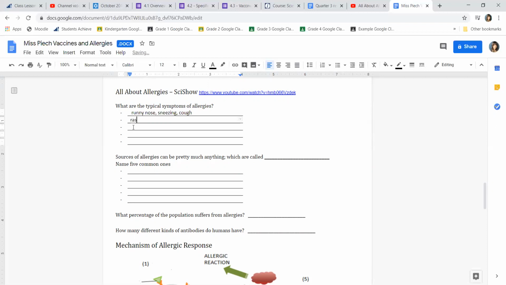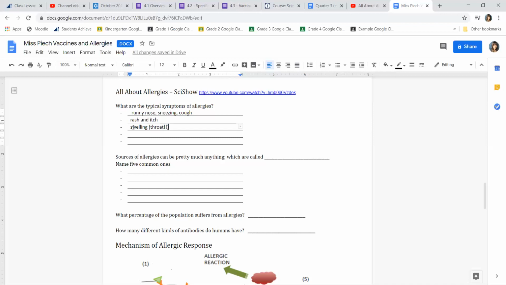Could also be a rash and an itch. Think about if you touch a plant that you're allergic to, think of poison ivy, where you get really itchy where you came into contact with that, and you might even get a rash all over. You could also get swelling. And this is where it can get really dangerous, because if your throat swells, that can be life-threatening.